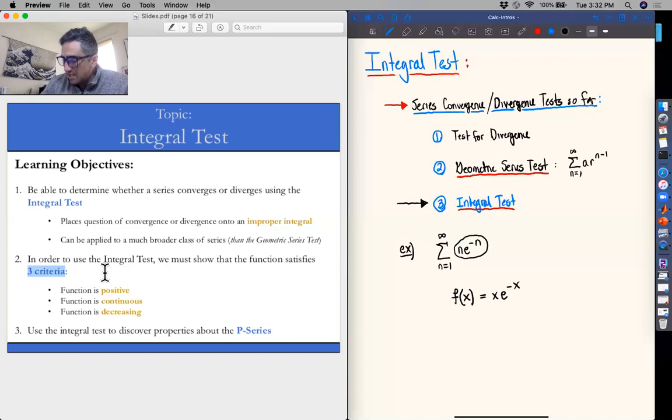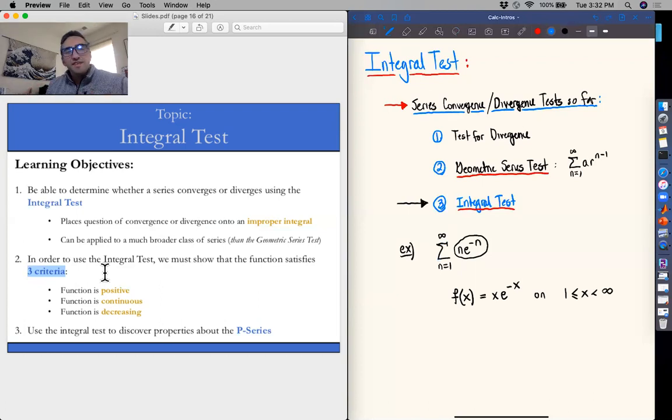You can see the similarities between our series function and how we're getting that function f of x. And now we're thinking of this function f of x on an interval of x values from 1 to infinity. And you'll note our series is going from 1 all the way towards infinity as well.